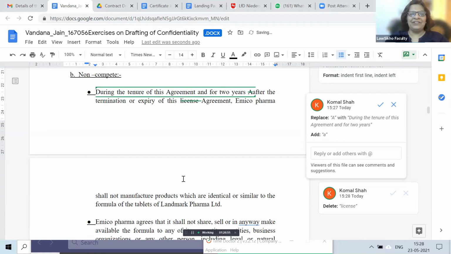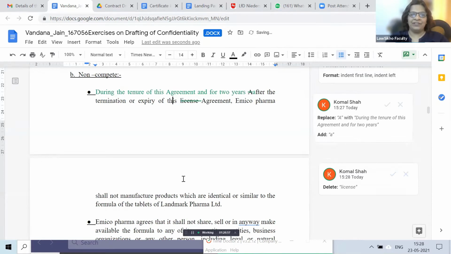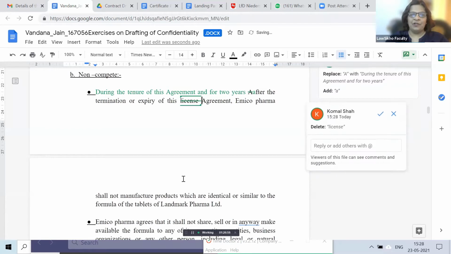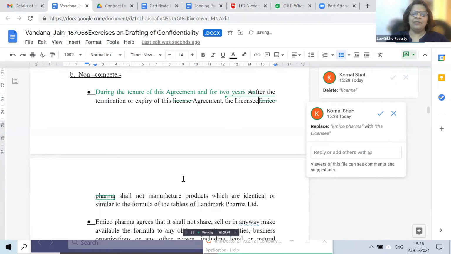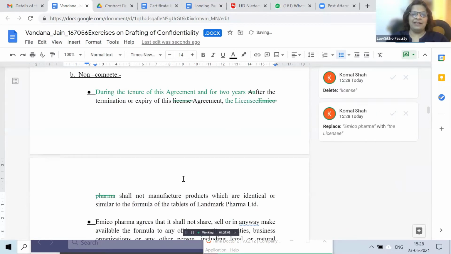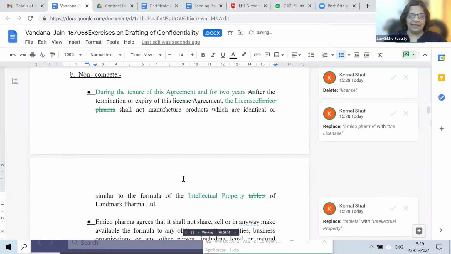So during the tenure of this agreement and for 2 years after the termination or expiry of this agreement, the licensee shall not manufacture products which are identical or similar to the formula of the. Actually, they can't. Anyway, they won't be able to, because if they do that, it will become infringement, because the license is very limited in duration.